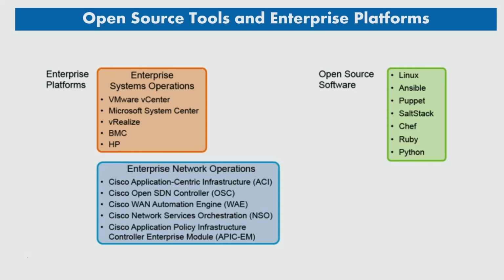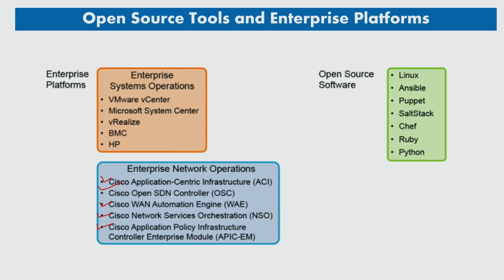Today, network operations teams who have realized the value of programmable infrastructure are employing some of the same techniques to manage their networks. The Cisco portfolio includes numerous systems that network operations teams can employ, which includes Cisco ACI, Cisco Open SDN Controller OSC, Cisco WAE, Cisco NSO, and Cisco APIC-EM.